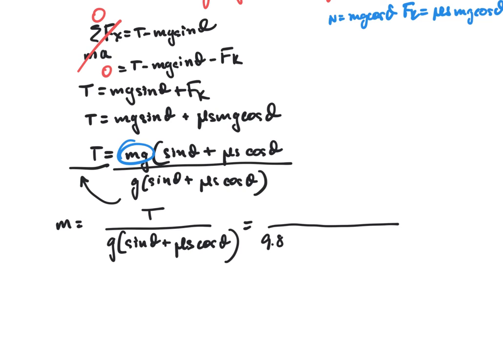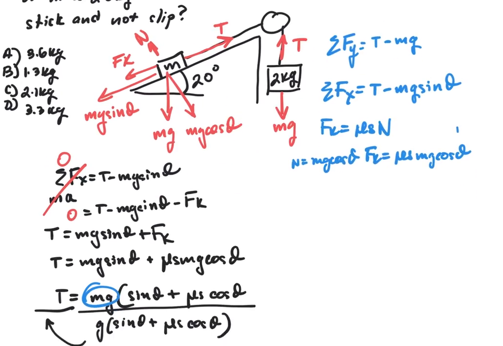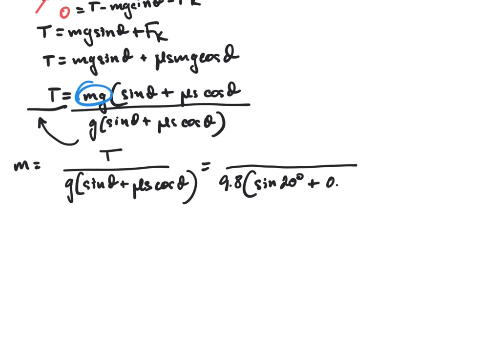It's 9.8 times sine of 20 degrees plus our value for the mu for static, which was 0.64, times cosine of 20.